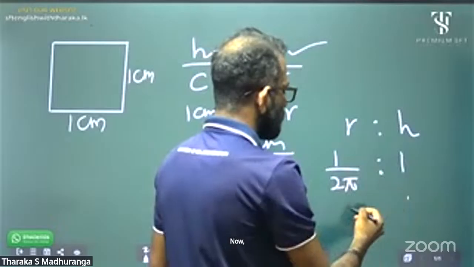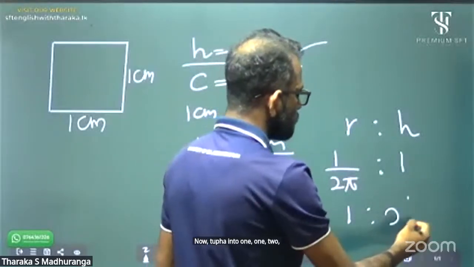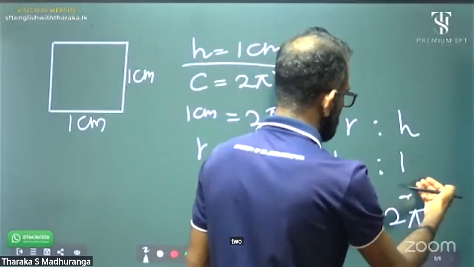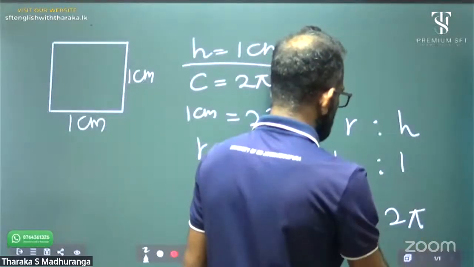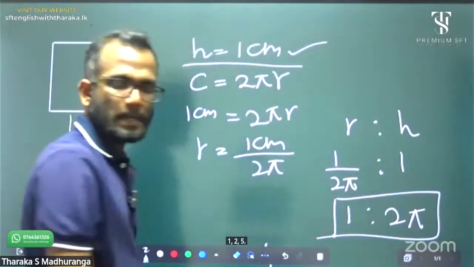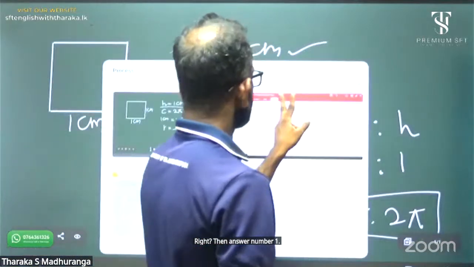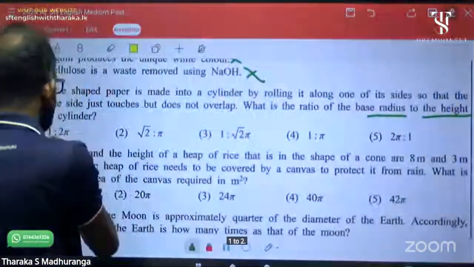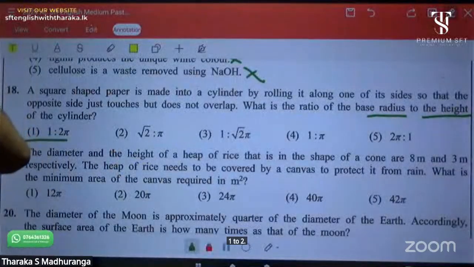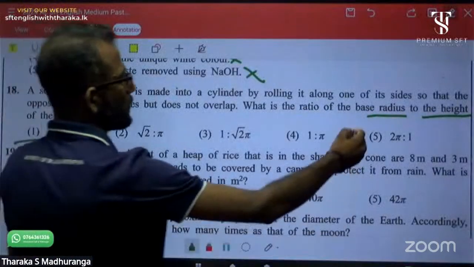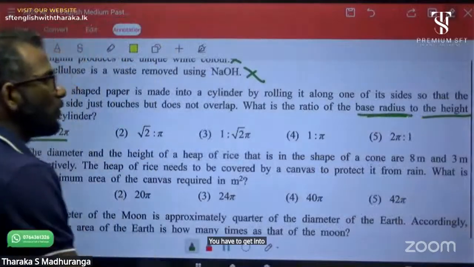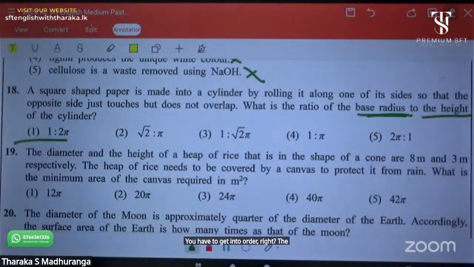Now 2π into 1, 1 to 2π. Right? Then the answer is number 1, 1 to 2π. You have to get it into order, right? The base radius to the height.